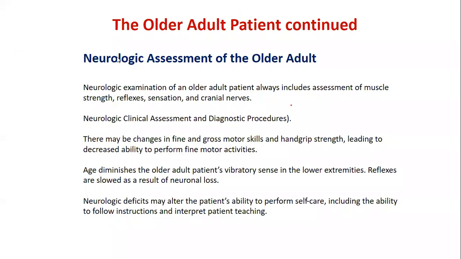So now neurological assessment of the older adult. Neurological examination of an older adult patient always includes assessment of muscle strength, reflexes, sensation, and cranial nerves.